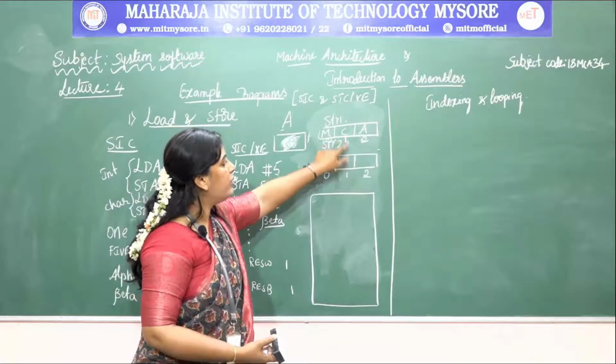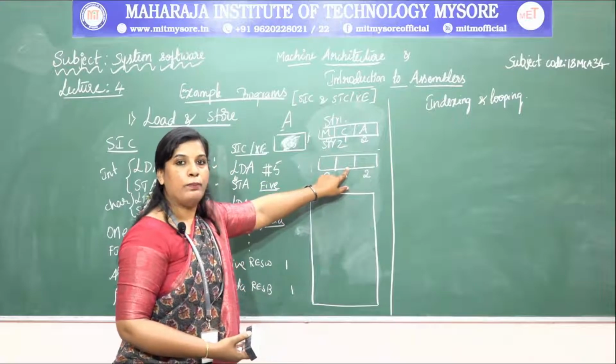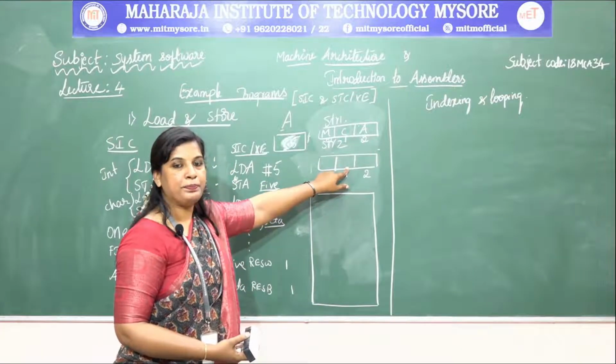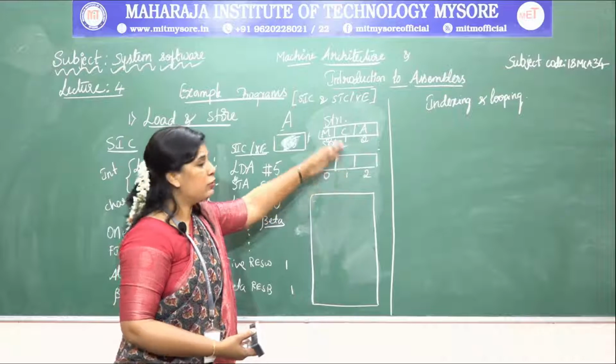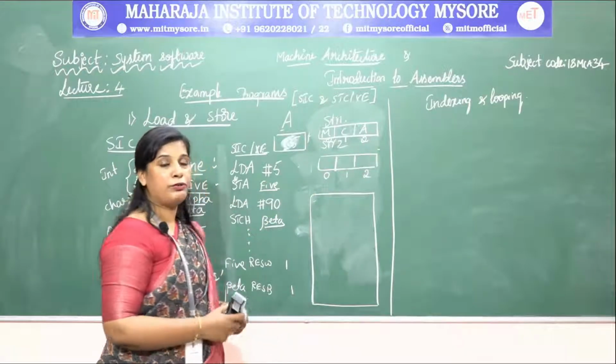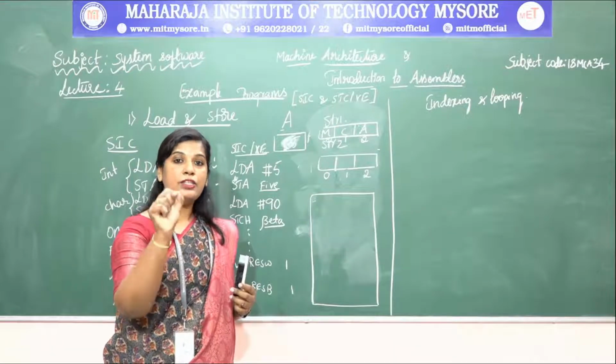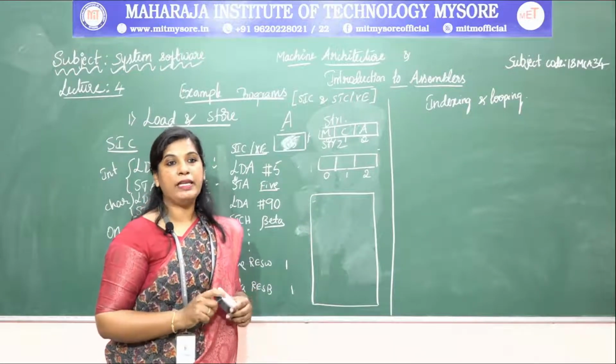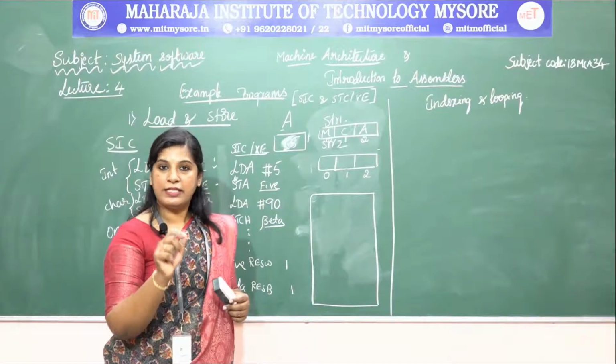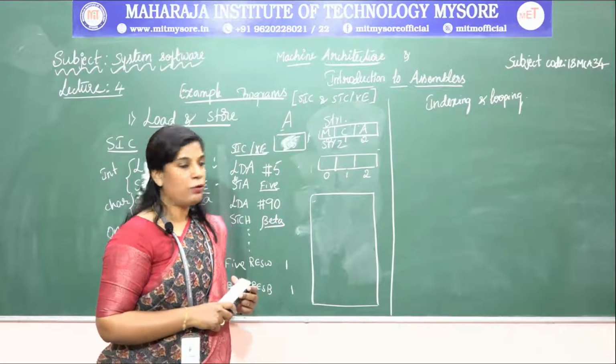I copy that one, and again move to the next position of string 2. In a similar way, we use the index register value. Initially, the index register value must be initialized to 0, isn't it?